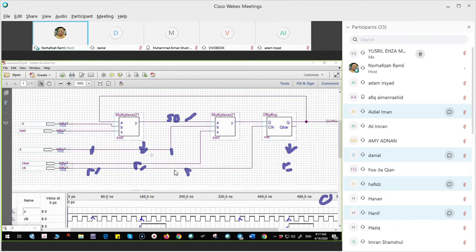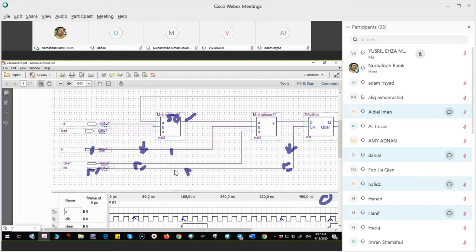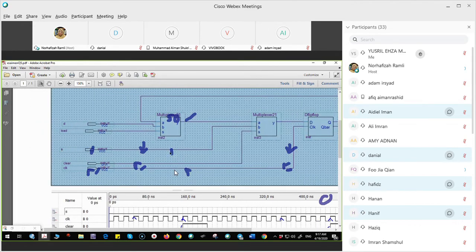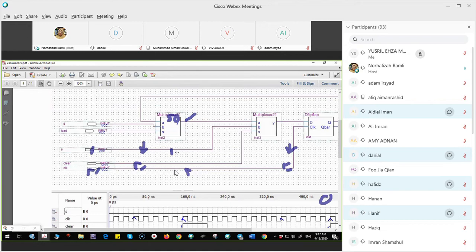But for the clear here, because you want the function to always be clear, you can just ground this B. Supply 0 rather than S. If you show S in your answer, S means you supply input, which can be 0 or 1. But if you put ground, it definitely means that when the clear is activated, you want it to be 0.